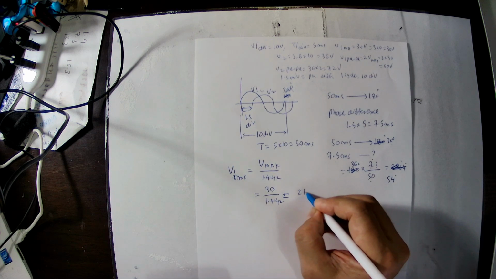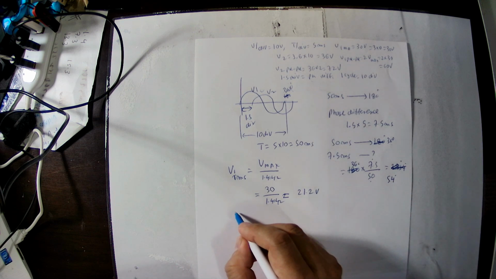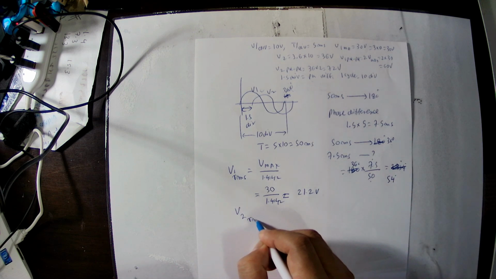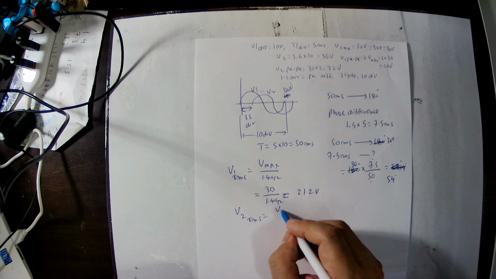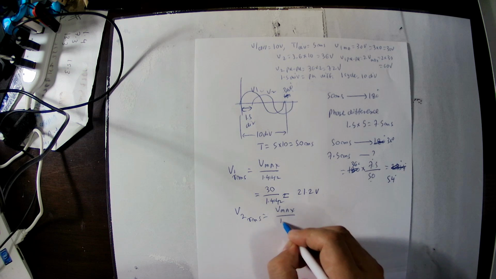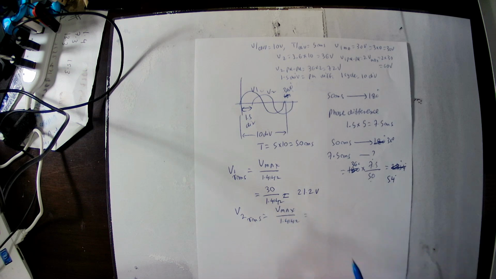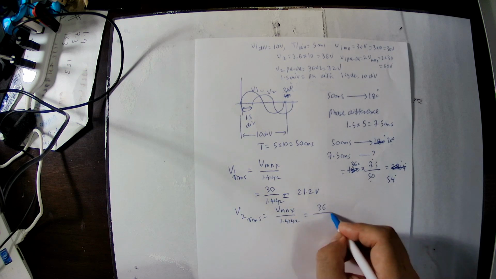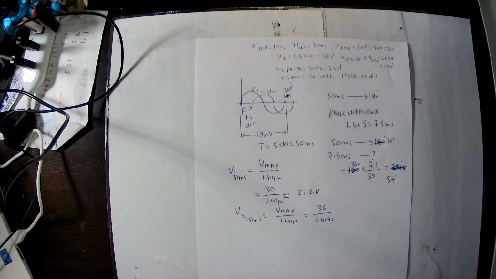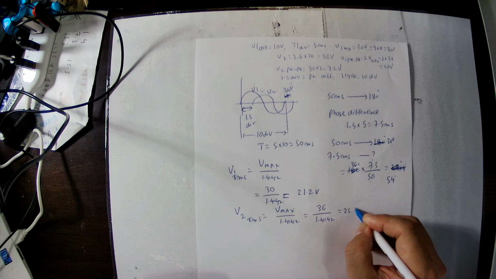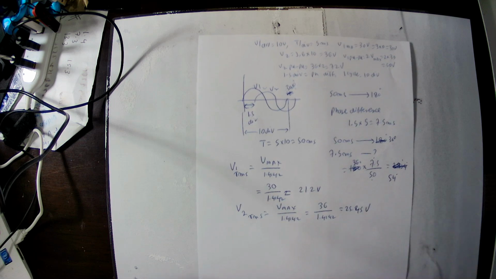V2 RMS is V maximum divided by 1.4142. V maximum 36 divided by 1.4142, you get 25.45. So for V1 and V2 we can calculate, and the phase difference angle is 54 degree.